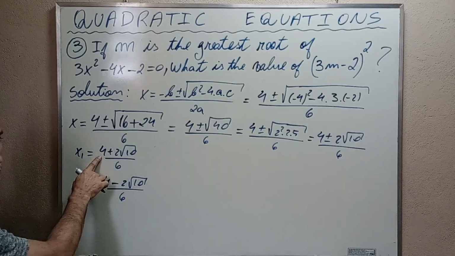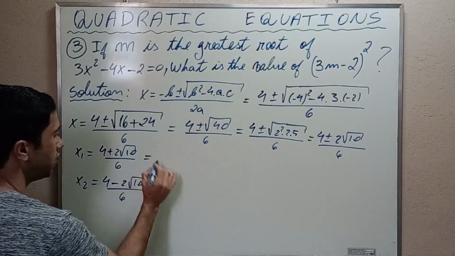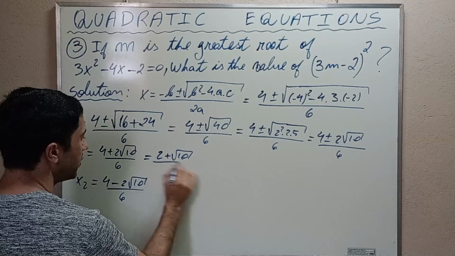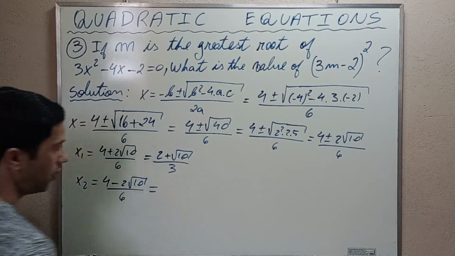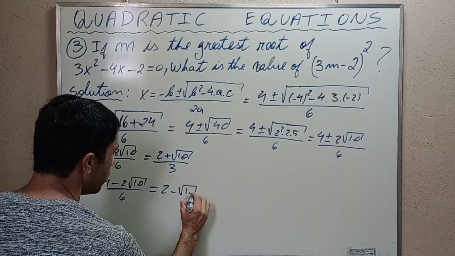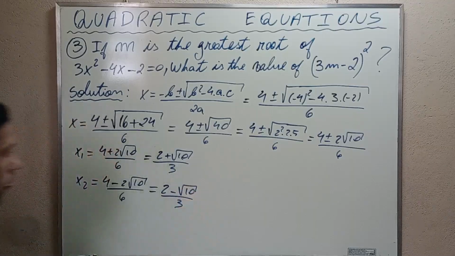We can factor out a 2 here, then this becomes 2 plus the square root of 10 divided by 3, and this is equal to 2 minus the square root of 10 divided by 3.